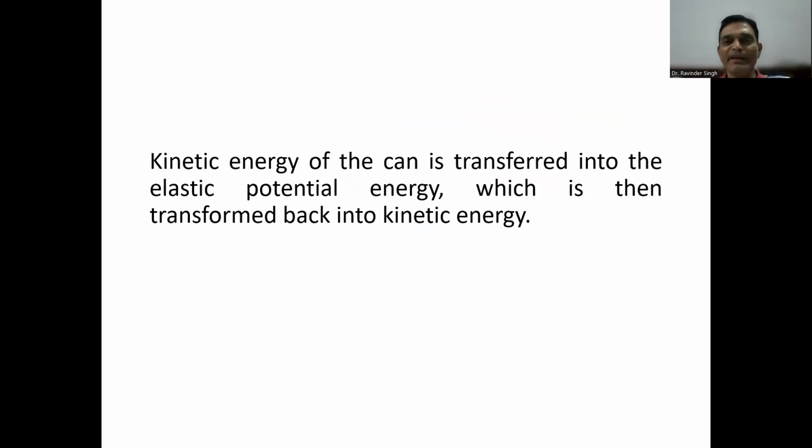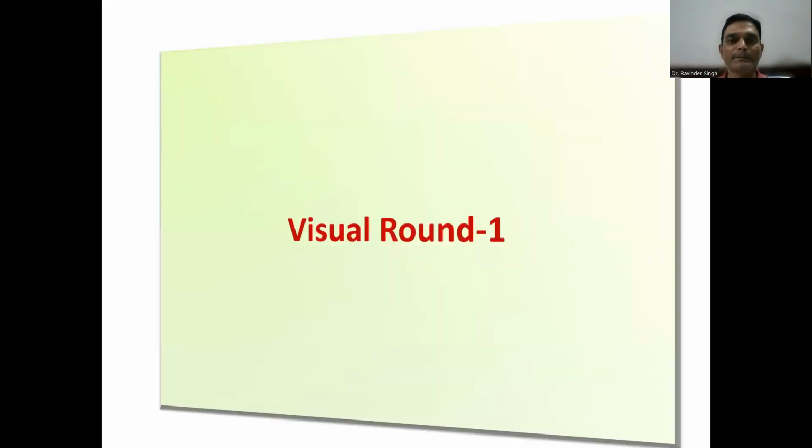The answer is the kinetic energy of the can is transferred into the elastic potential energy, which is then transferred back into the kinetic energy and so on. So that's why the can comes back.